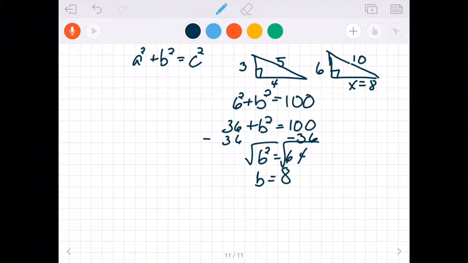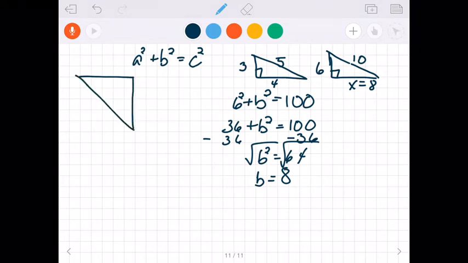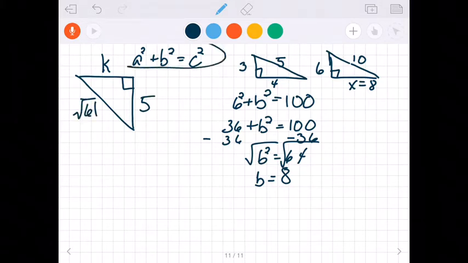It says use the Pythagorean theorem to find the missing side. So I'll just go ahead and draw that right triangle, sort of. We've got k, we have 5, and we have the square root of 61. Let's go back to our formula: a squared plus b squared equals c squared.